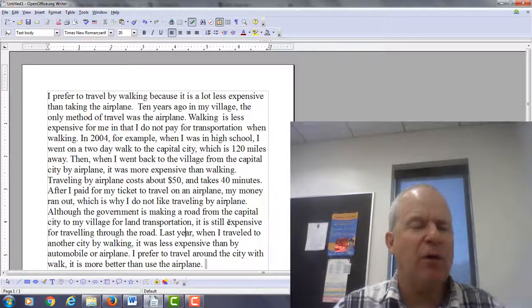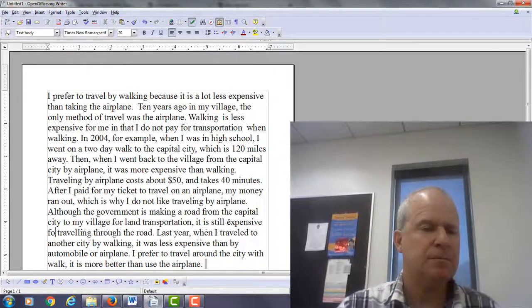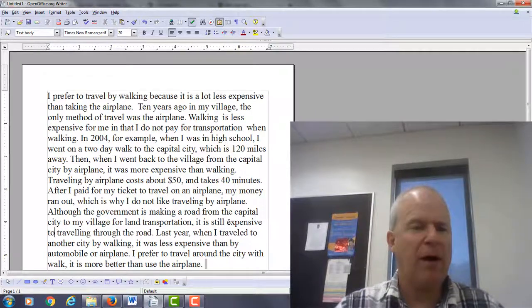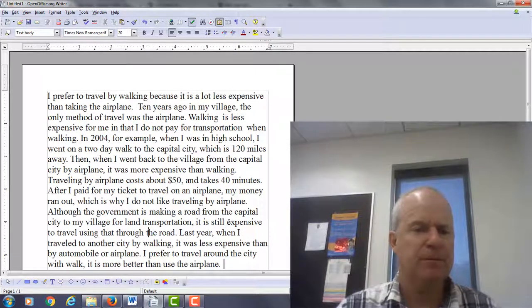But you could say that, although the government is making a road from the capital city to my village for land transportation, it is still expensive. I would say to travel using that road.